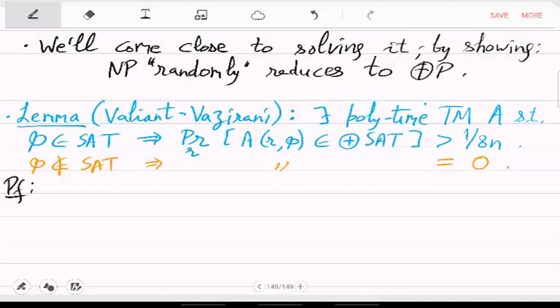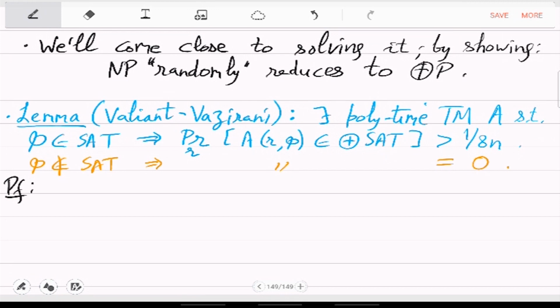Okay, so let's read this again. So we will transform phi using random bits to another Boolean formula, let's say psi, or A. Psi is A of r comma phi, deterministic polynomial time, except that it is using these random bits r now, and not too many, right? Because you have to do it in poly time. So r can only be bigger than the input phi by a polynomial amount.